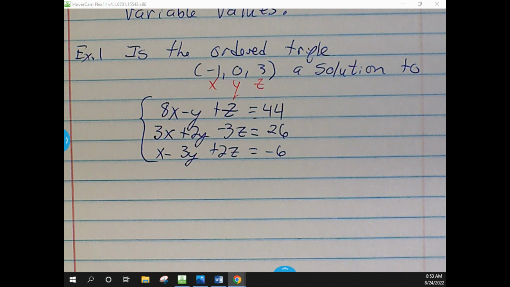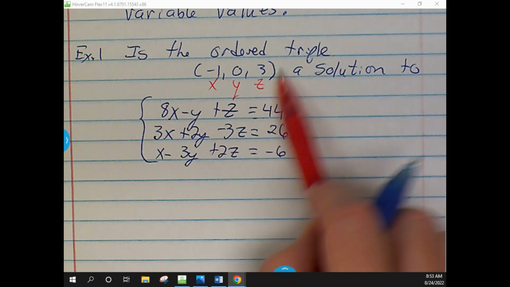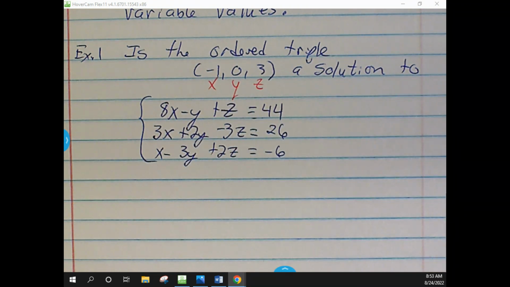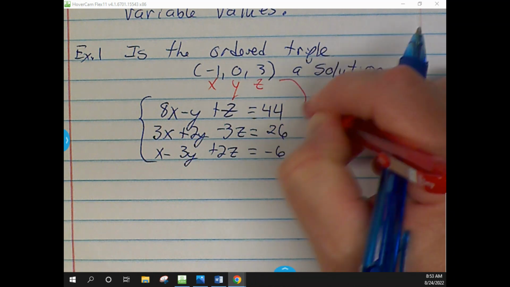All right, so if they ask you, is this thing a solution? All you're going to do is take these numbers and plug them into each equation and see if it's true or false. So now we're looking at lines that are going to meet out in space. We're still looking to see if all these lines meet at the same spot. So you have to plug these numbers into each of the equations.